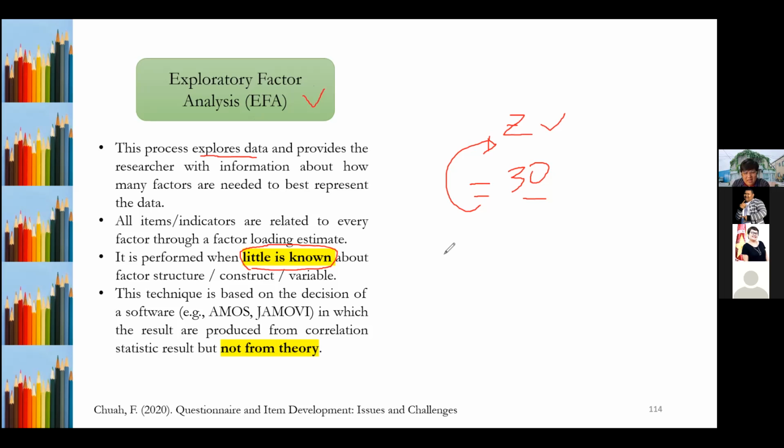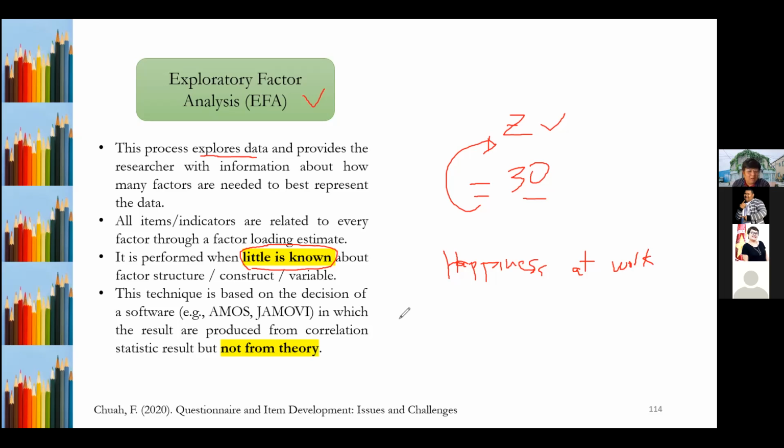One example I can think of right now is a study I came across before, on happiness at work. I searched for published papers and there were only about 2 existing instruments, and they were not yet that robust.